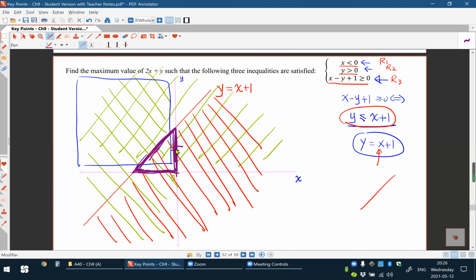Okay, so this side corresponds to the constraint x is smaller than 0. This bound corresponds to y is above 0, right? And this side corresponds to y is smaller than x plus 1, right? So the overlap of R1, R2, R3 should be a triangle like this.